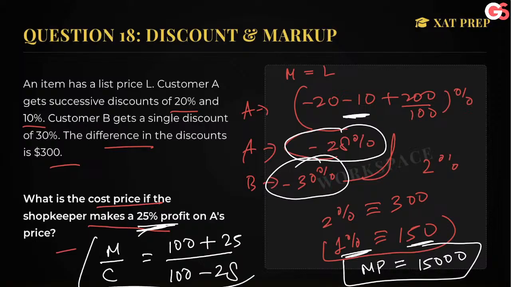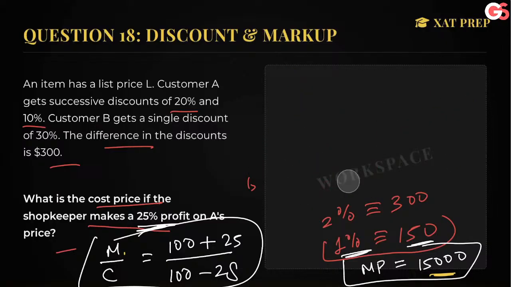This is where we can calculate things. MP is 15,000, let's put it here and get the answer. Is that clear, everyone? ये सवाल इतना सिंपल नहीं है, इतना सिंपल मैंने बना दिया है लिख लिख के ऐसा, और मेरे ख्याल से बात सबको समझ में आ चुकी होगी अब तक.